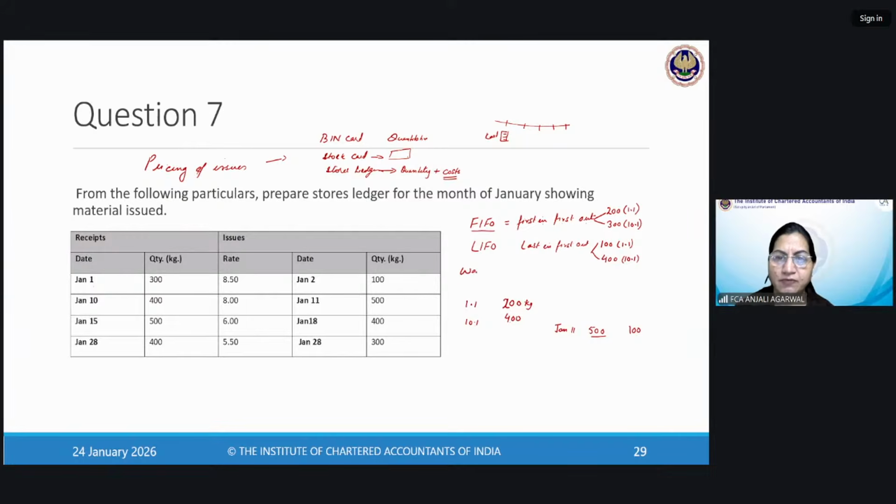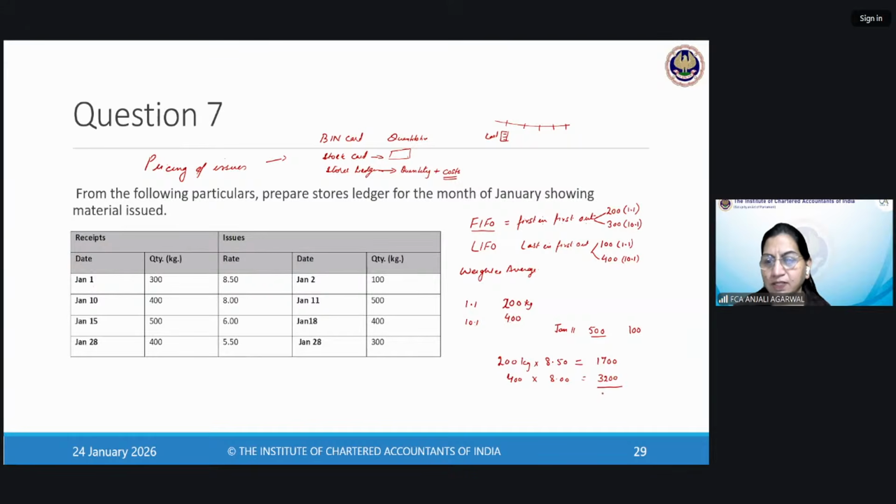There is another method which is called weighted average or simple average. Had you taken simple average, 8.5 plus 8 divided by 2, which is 8.25. But if you take weighted average, you will calculate that you had 200 kgs of stock which was priced at 8.50, so 1700, and 400 kgs was priced at 8, that means 3200.